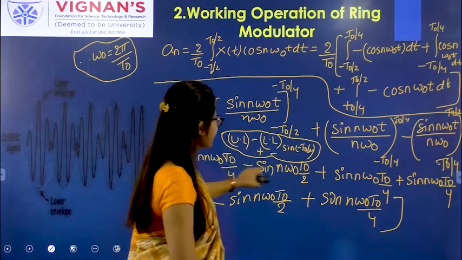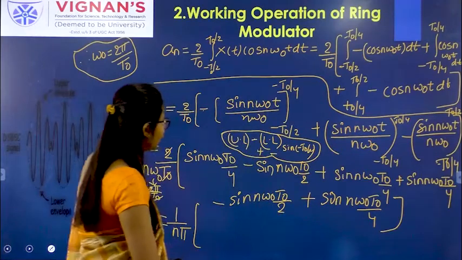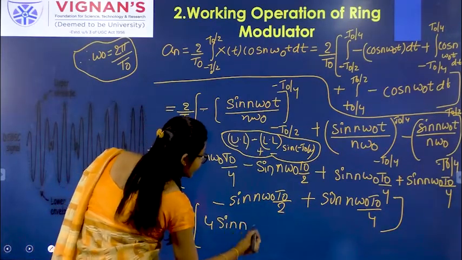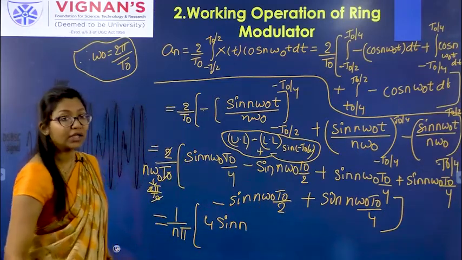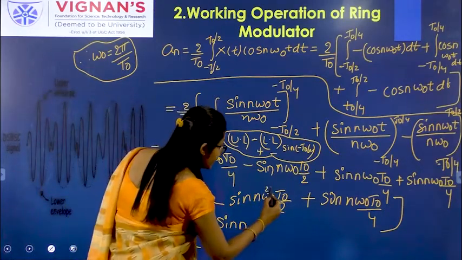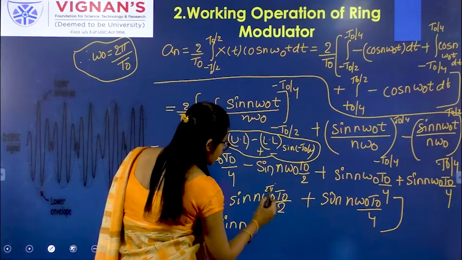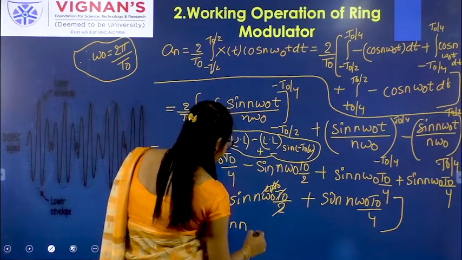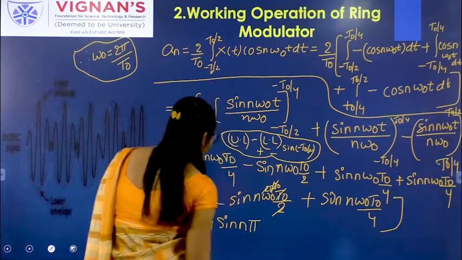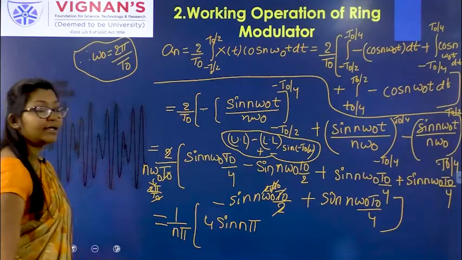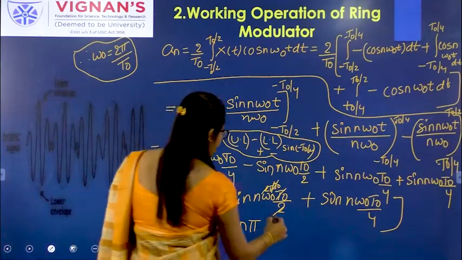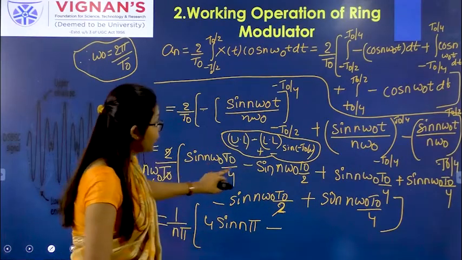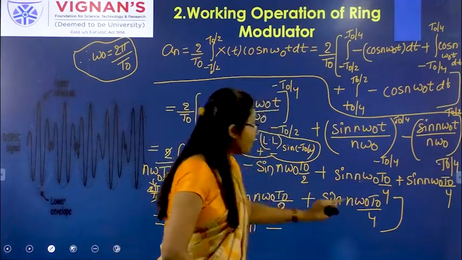now what is there here? Total 4 sin n omega naught T naught by 4 is there. So 4 sin n, I am again writing here omega naught equal to 2 pi by T naught. So T naught cancel, 2 will cancel, 4 sin n pi will remain, minus, right, see here sin n omega naught T naught by 4, those terms we are having total 4.